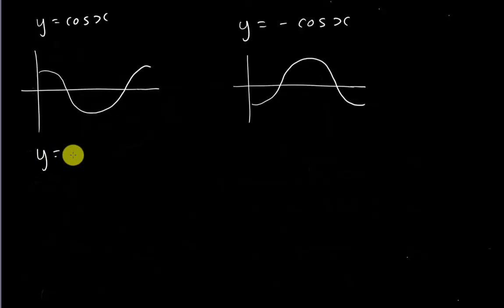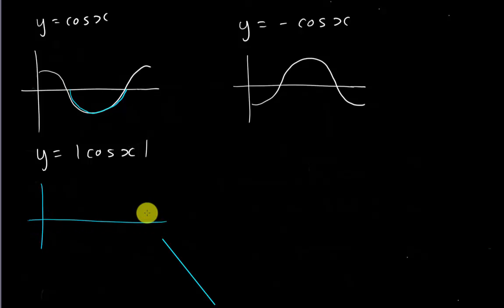So if you have y equals modulus cos x, that means whatever is in the negative zone here will flip to the positive. So therefore, you will have something that looks like this. Okay, this is what happened.